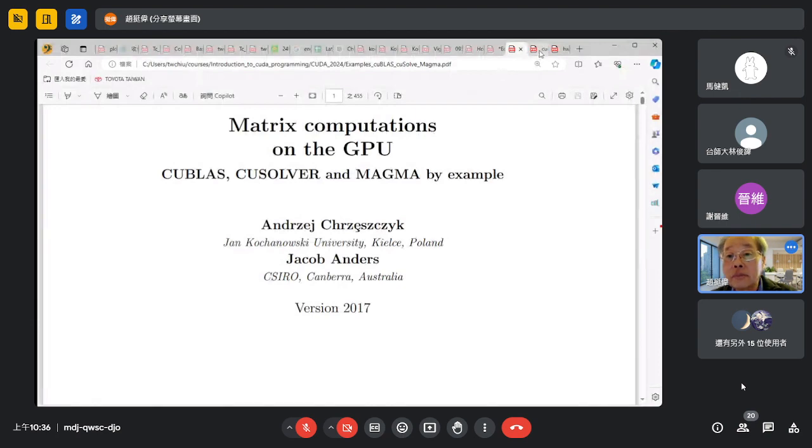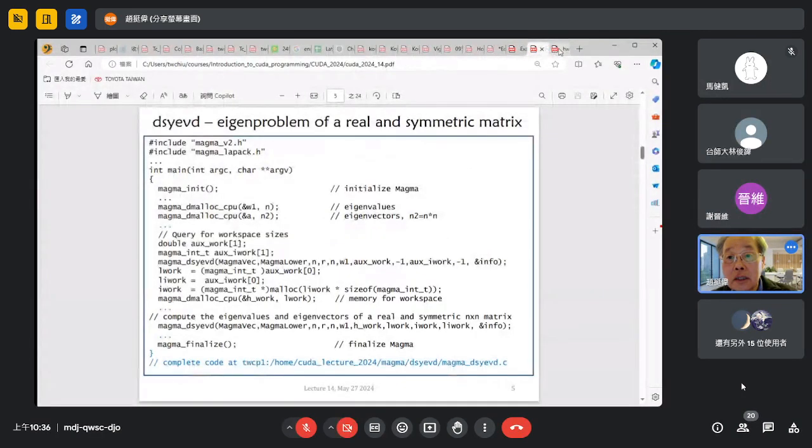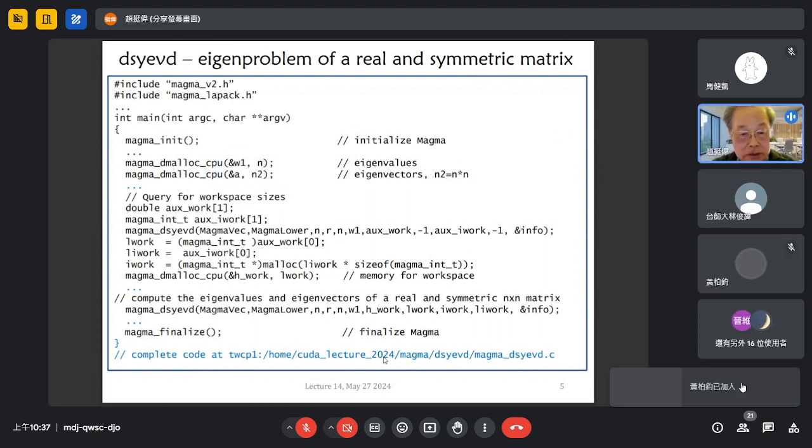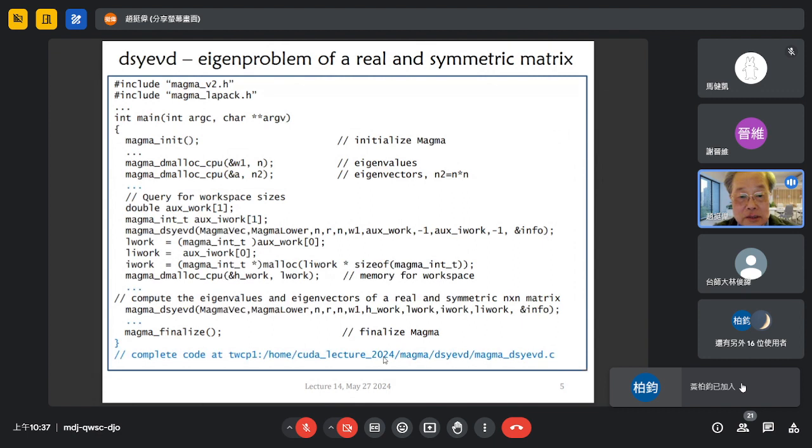So let me go to the code. Because Magma for the latest version of CUDA, CUDA 12.3, still needs to be compiled in order to work.